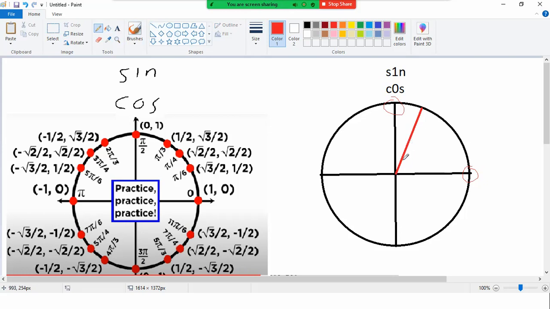So this is 60 degrees from here. What does that mean? Here's kind of what I like to do. I like to look at it like this.